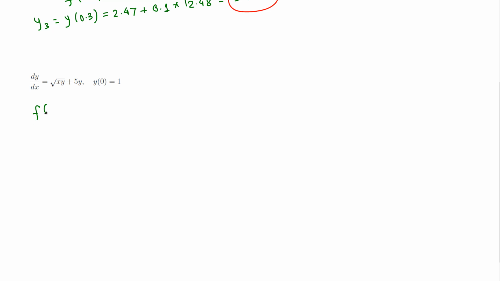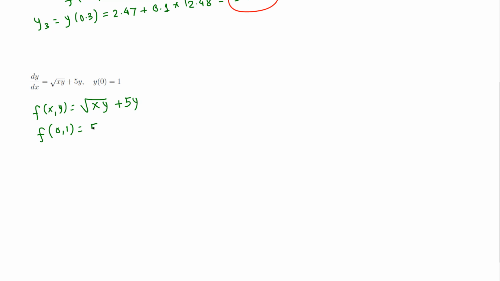Now we want to do the same thing for the next question. The function f(x, y), which is the slope dy over dx, is given by this formula: root of xy plus 5y. Let's evaluate the slope at the first point, 0, 1. x is 0, y is 1. Square root of 0 times 1 is 0, plus 5 times 1.